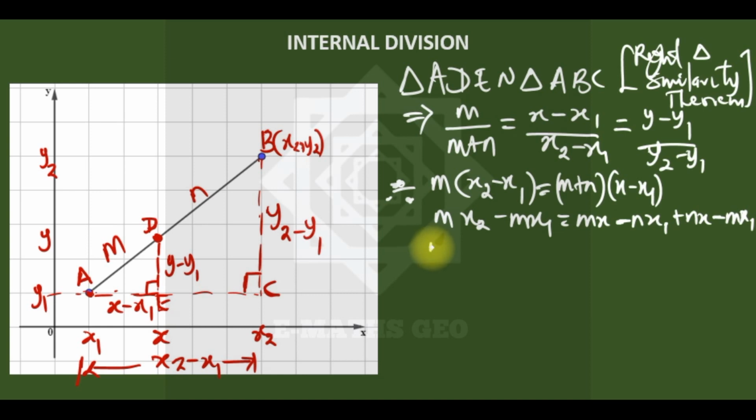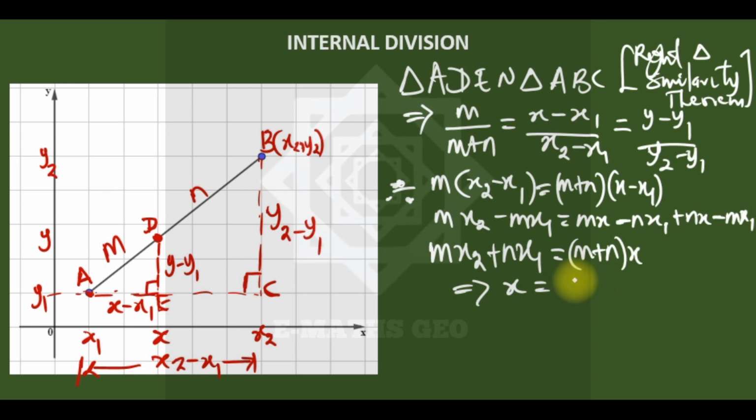We'll have mx2 plus nx1 equal to mx plus nx, so factor x. Therefore, solving for x, we now have mx2 plus nx1 over m plus n.